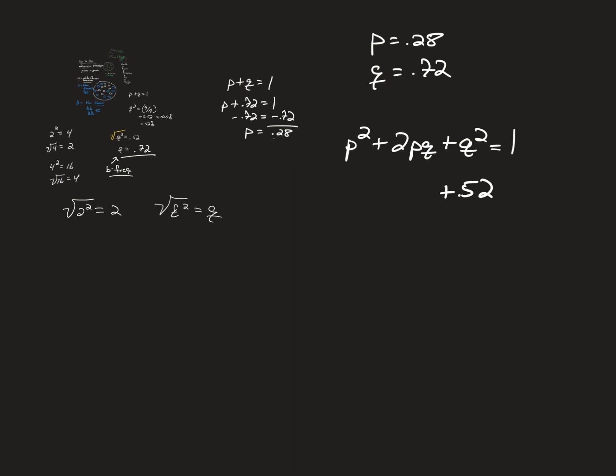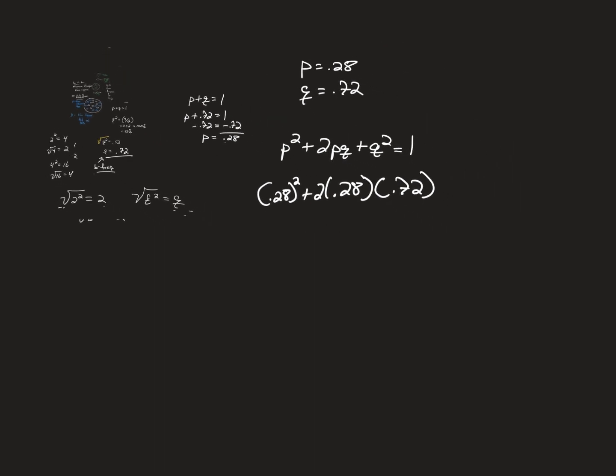We know what p is, so we know 0.28 squared is p squared. We know what 2 times 0.28 times 0.72 is. Where did I get these numbers? From all we're plugging them into the equation, right? Plus q squared, which we already know. We don't even have to square it because we know what it is. q squared is 0.52. That's how we started this whole line of reasoning.